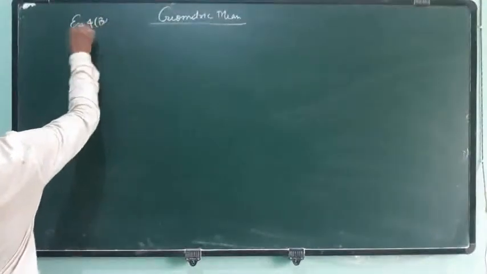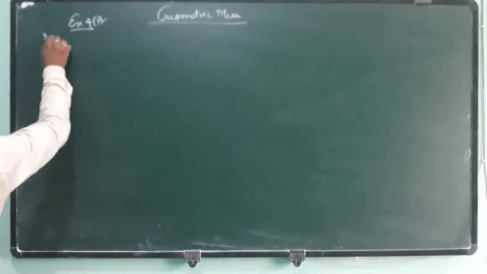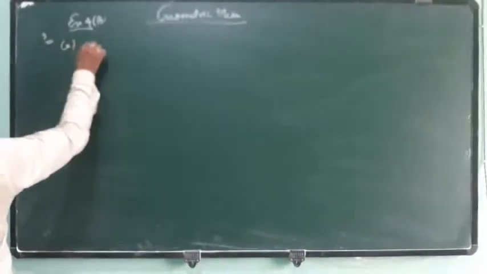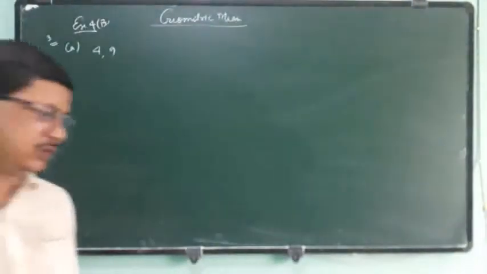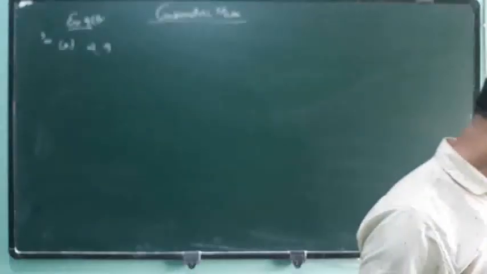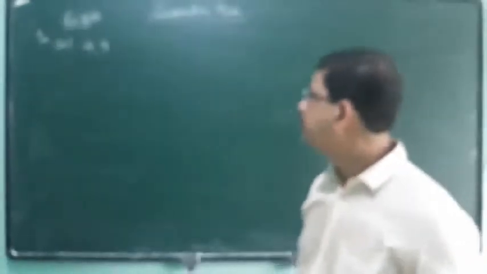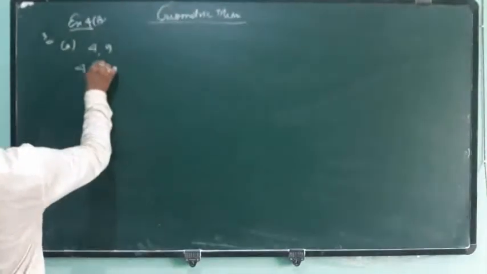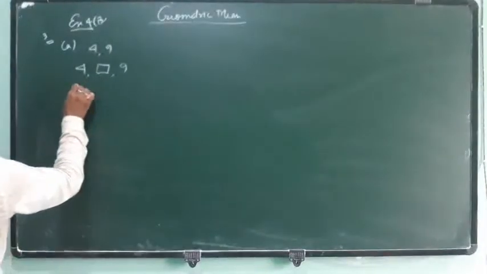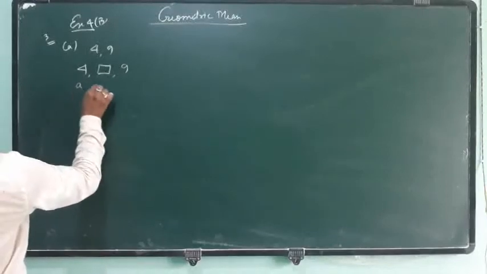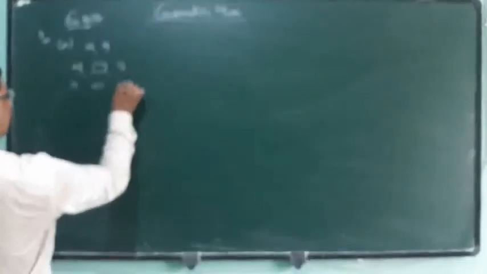Then we go to question number 3 of exercise 4b. Here they say find the geometric mean of 4 and 9. How to get this? We have discussed the geometric series. They want 4, then one missing term, then 9. If we take the first as a, the next is ar, and the last is ar square.